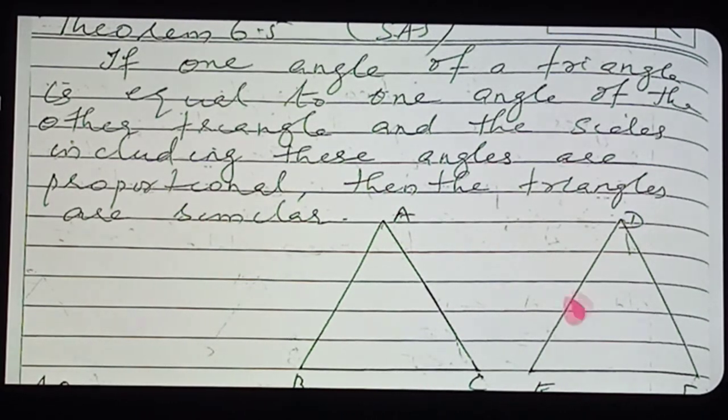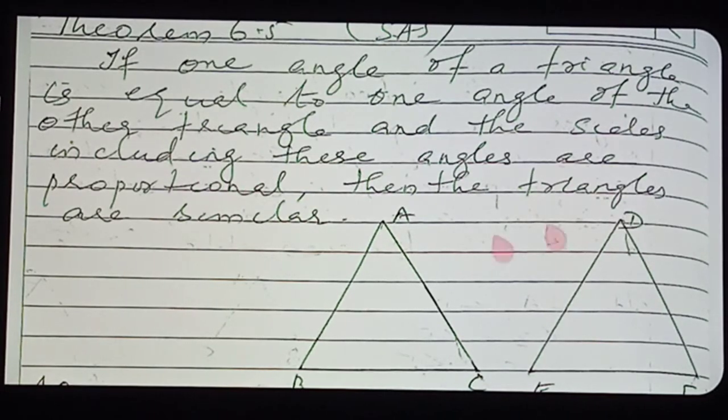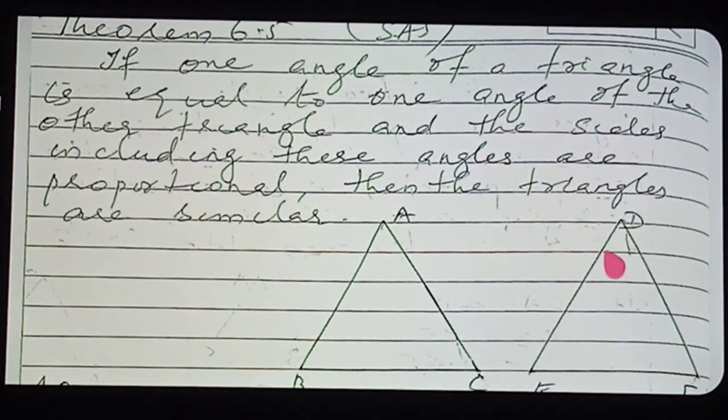AB and AC, and DE and DF, are in the same proportion, then the triangles are similar. AB by DE is equal to AC by DF, and angle A is equal to angle D, then the triangles are similar.